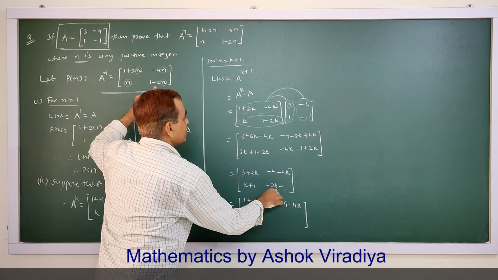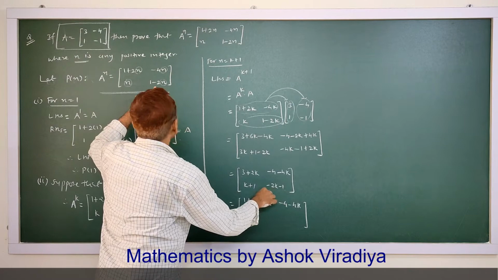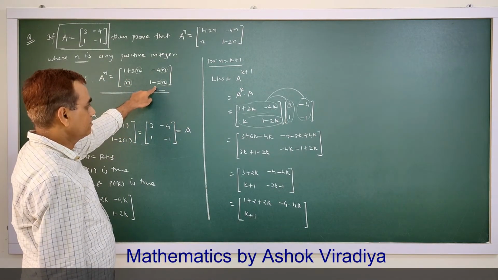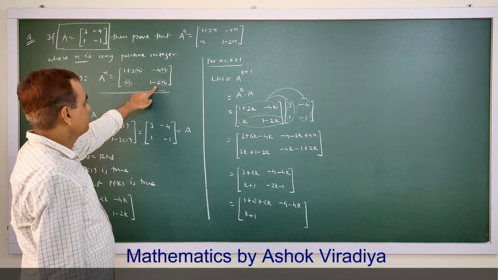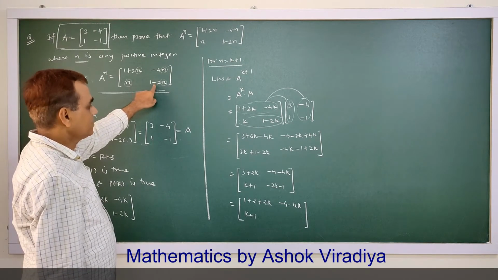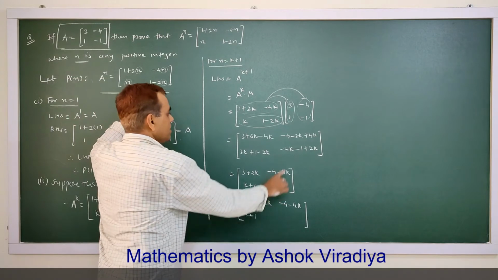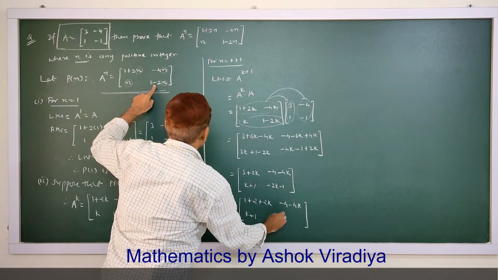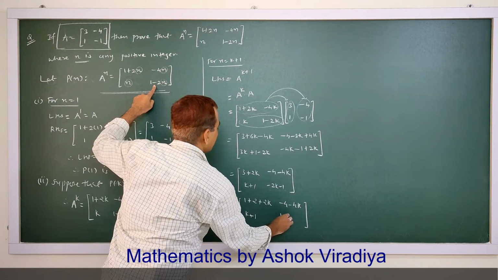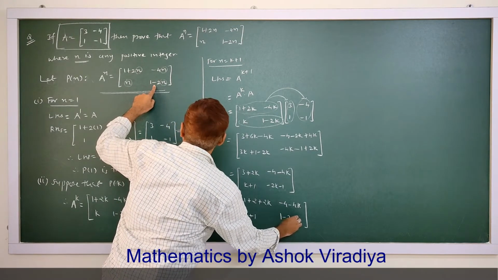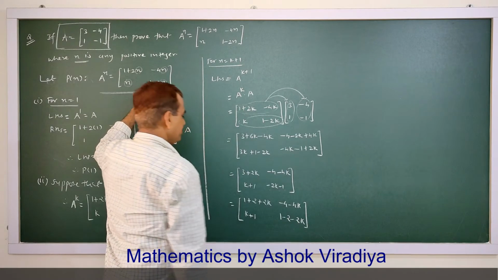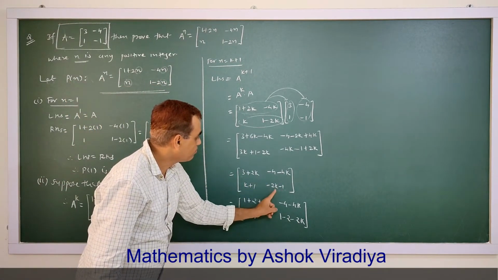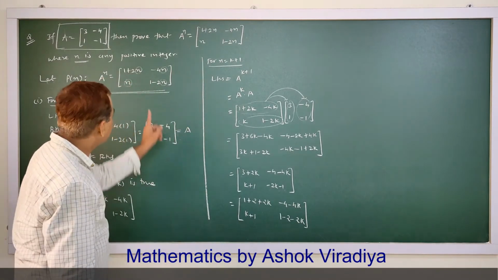Somewhere here I have made a mistake. See here, this can be expressed as 1 minus 2 minus 2k. Minus 1 is expressed as 1 minus 2 minus 2k as it is, because we want this pattern.